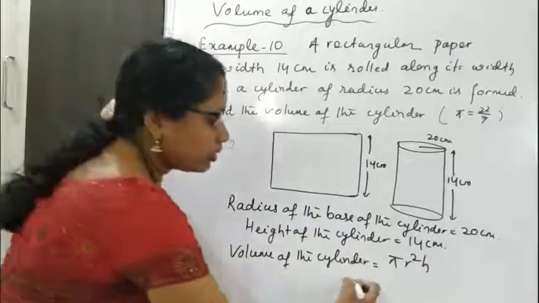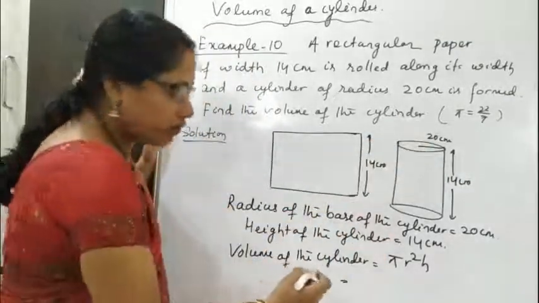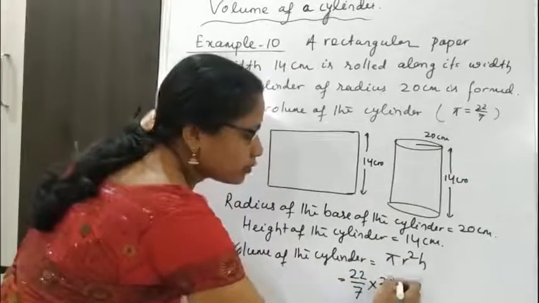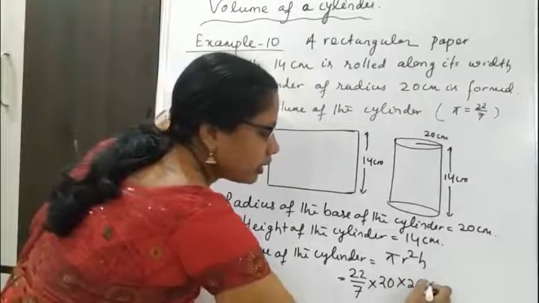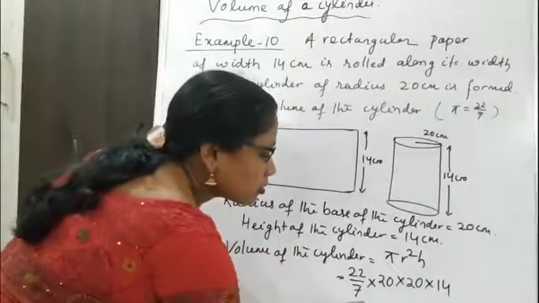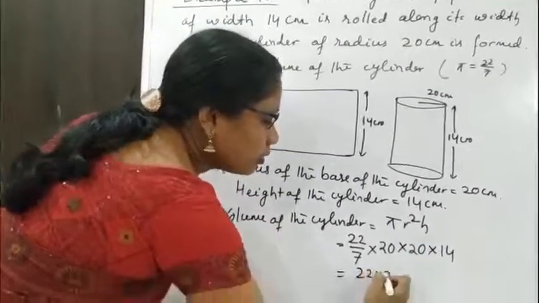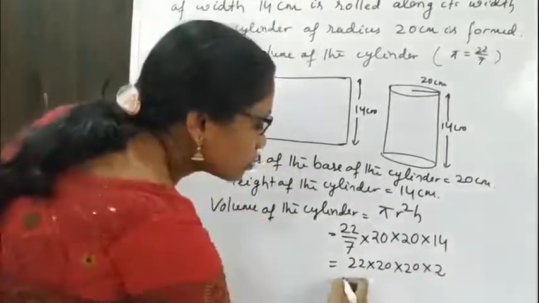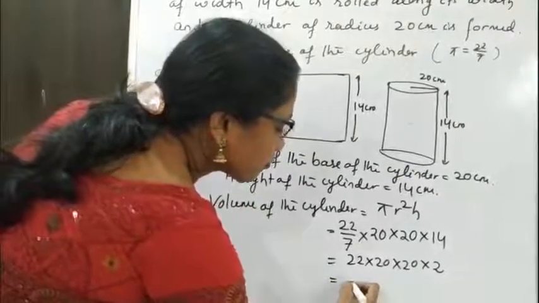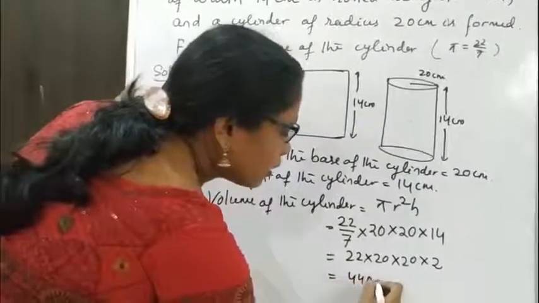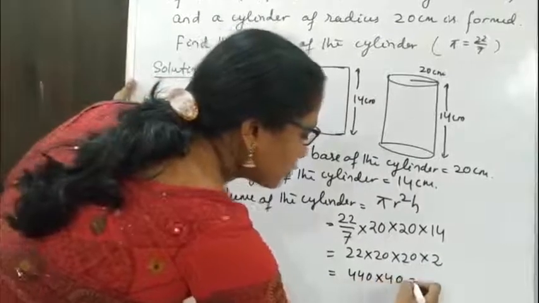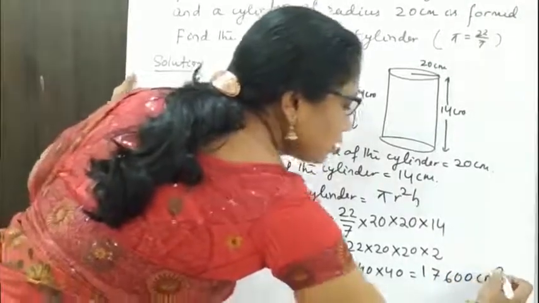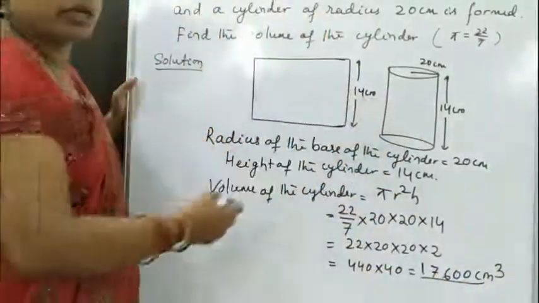This is the formula. So this is equal to, pi is given as 22 by 7, 22 by 7 multiplied with 20 multiplied with 20 multiplied with 14. So this is equal to 22 into 20 into 20 into 2. So this is equal to 440 multiplied with 40. So this is in centimeter cube. This is the volume of this cylinder.